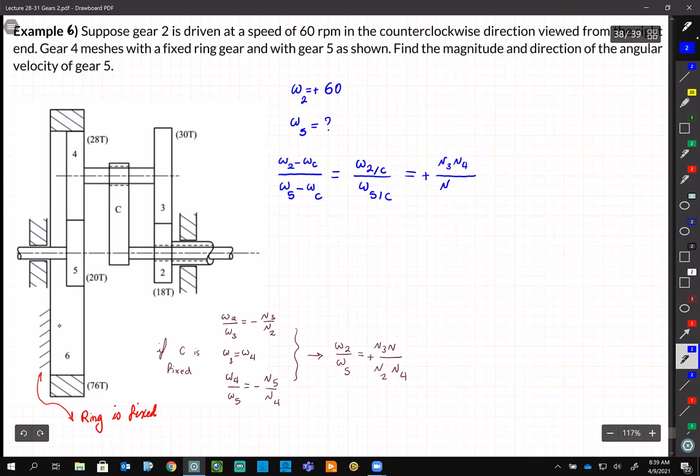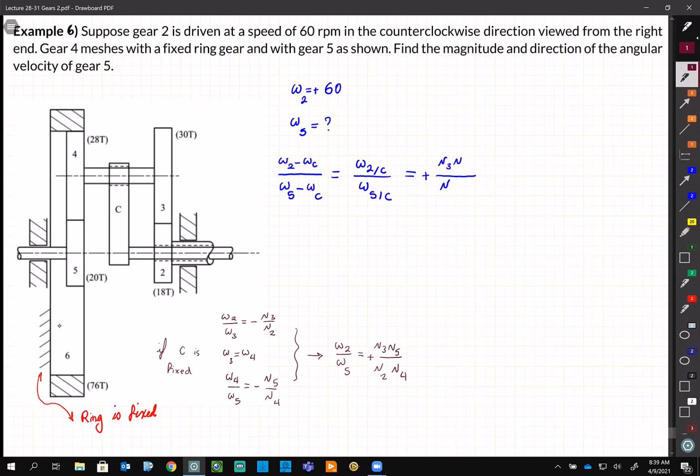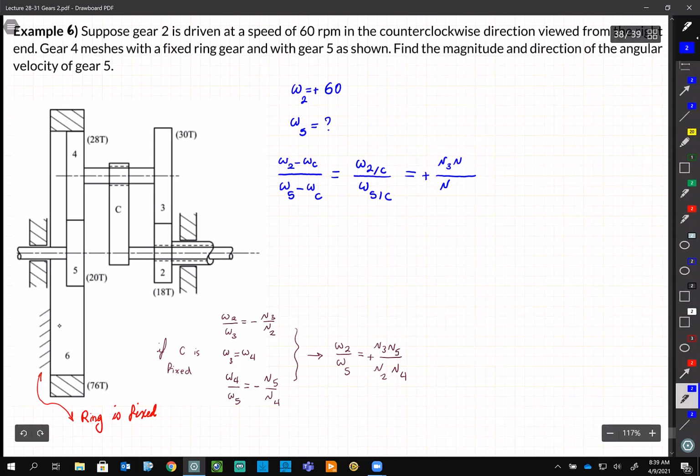This is N3 and 5, N2 and 4. Everybody agrees with this? No mistake? Are we good? Okay, so this is good, but it cannot solve the problem for us, right? Let's substitute the values.